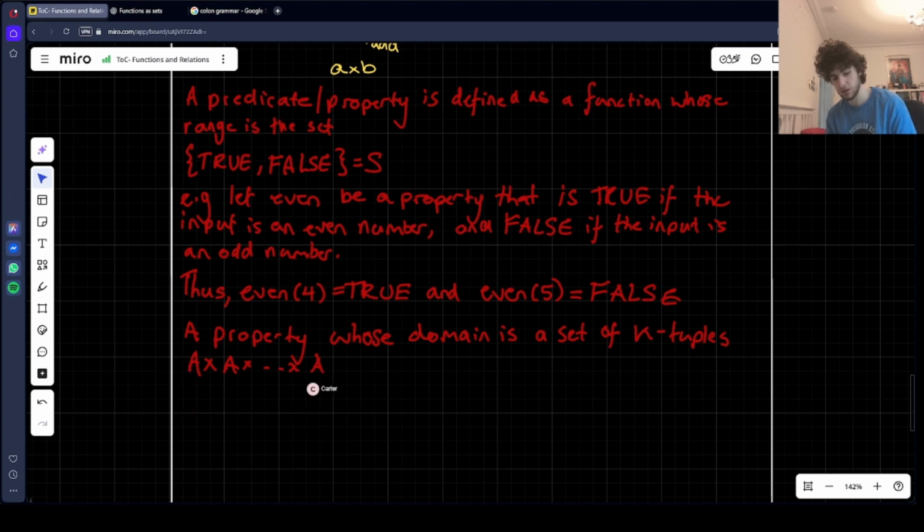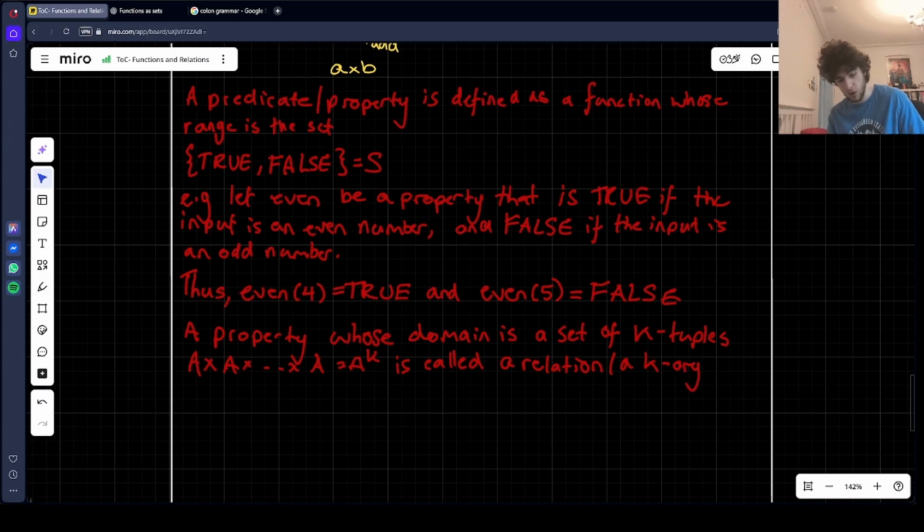So we say that a property whose domain is a set of k-tuples, so A crossed with itself k times, effectively the Cartesian product of A k times, which we had the notation A to the power of k for, is called a relation. It's a special type of property, and it's called a relation, or we actually call it a k-ary relation.